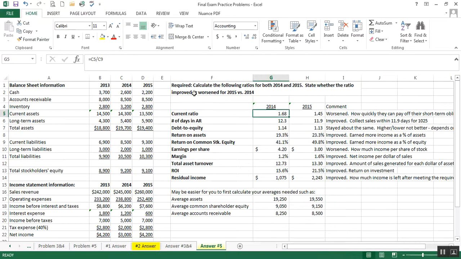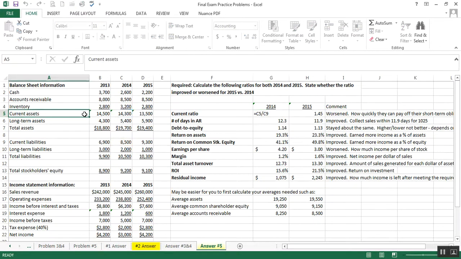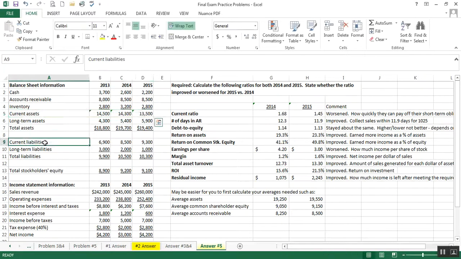So current ratio. If you remember, that is our current assets divided by our current liabilities. If we don't have a total of current assets, it's going to be anything that's most liquid: cash, accounts receivable, inventory, prepaids can be included in there.